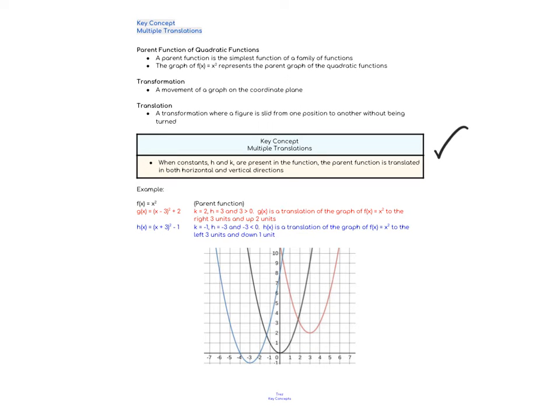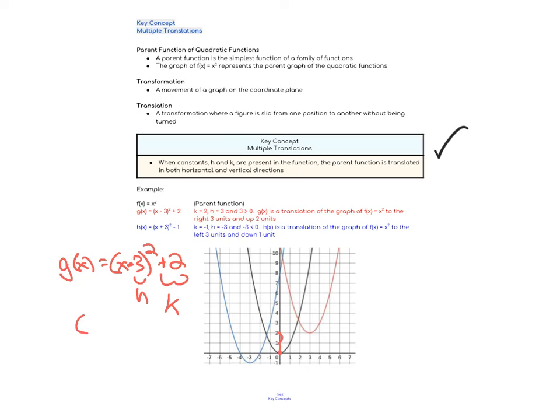So let's take a closer look at this. So we have g of x equals x minus 3 squared plus 2. So this plus 2 is represented as the k in our vertical translations. So that's why it went up 2. And I'll just start at the vertex, 1, 2. And now we had this x minus 3. So again, this is our h.